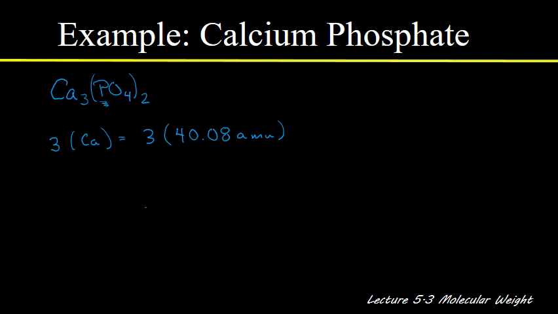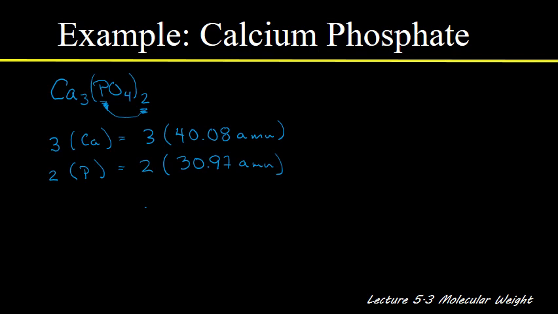There's 1 phosphorus in a phosphate, but the formula unit in this case has 2 phosphates in it. So that means that in total there are 2 phosphoruses here. So we need to put a 2 here. And our atomic weight for phosphorus is 30.97 AMU.